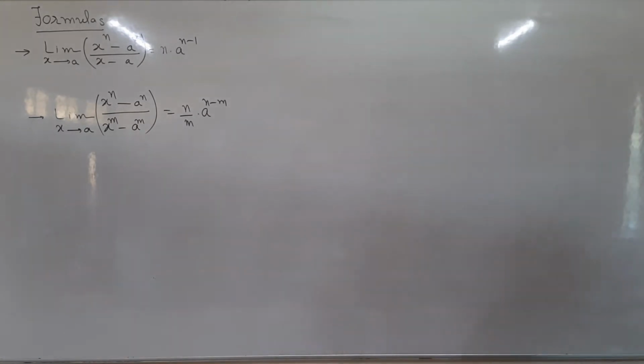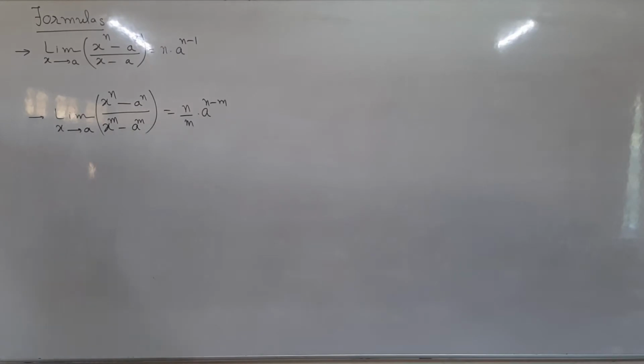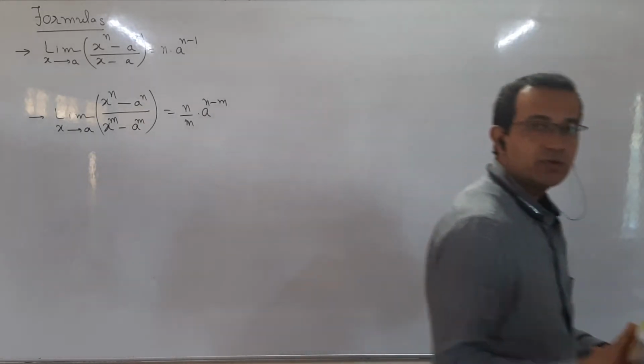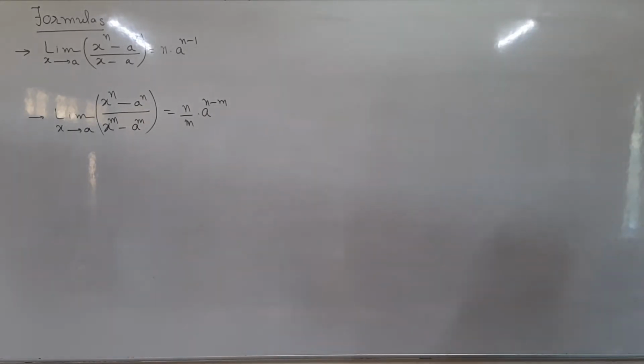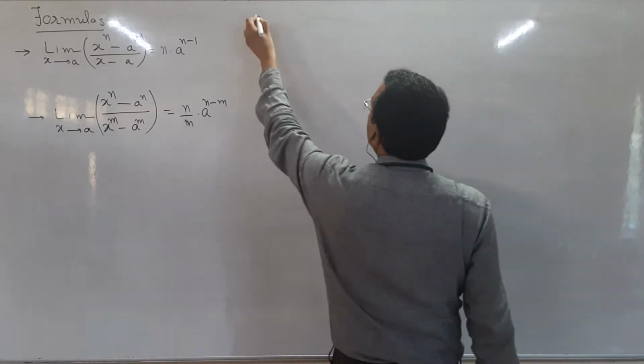These two formulas, students, are very important for the next 5 sums which we are going to do today. Now 12 sum we haven't done, 14 sum and 15 sum of section D, students, we are doing.